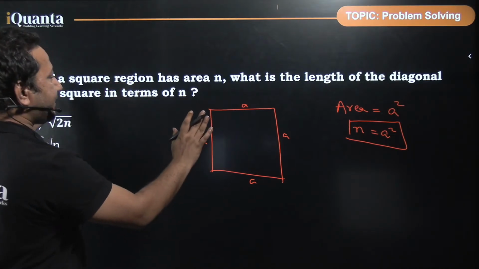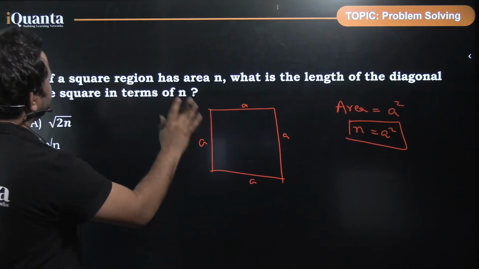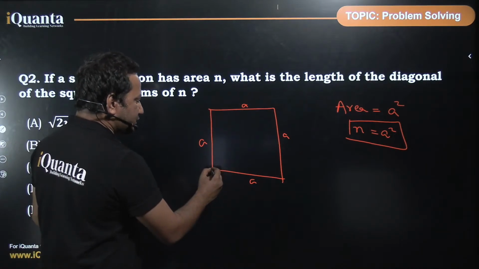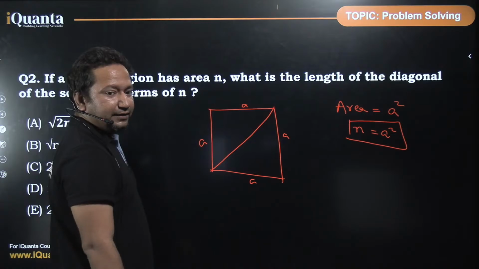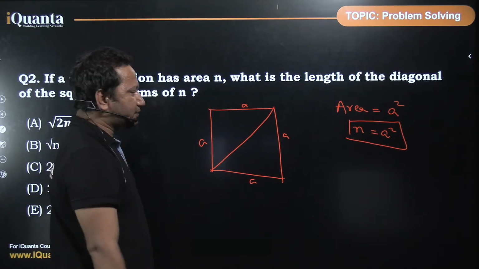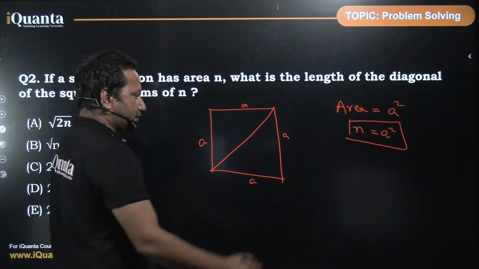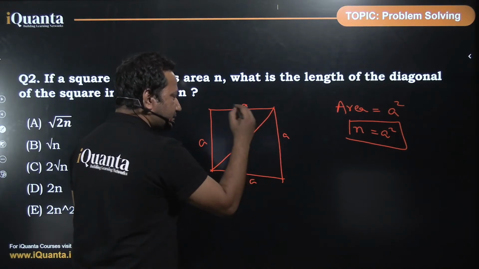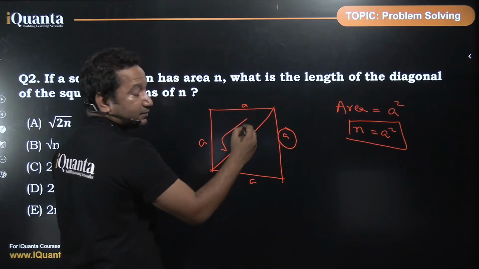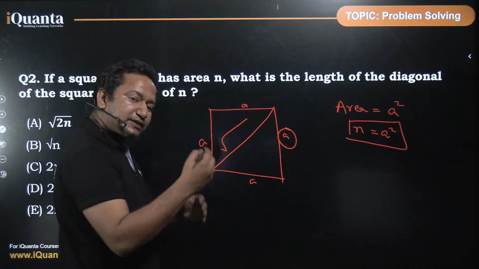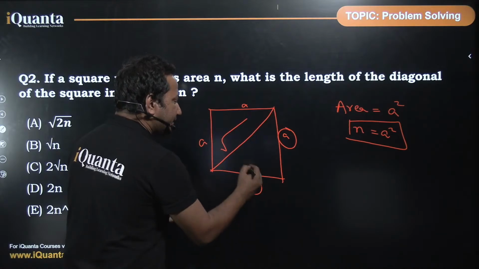They are saying that we have to find the length of the diagonal of the square in terms of n. To find the length of the diagonal, we can use the Pythagoras theorem. So the diagonal is the square root of the sum of the squares of the perpendicular and base.